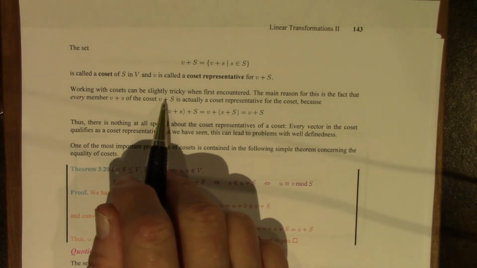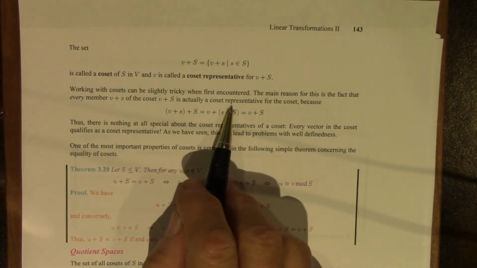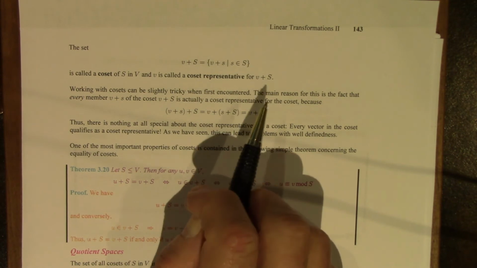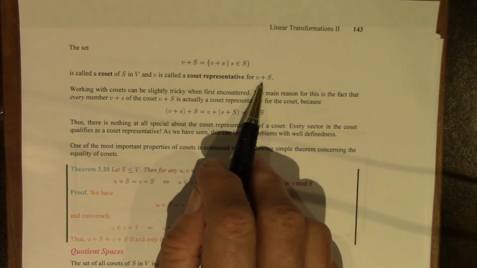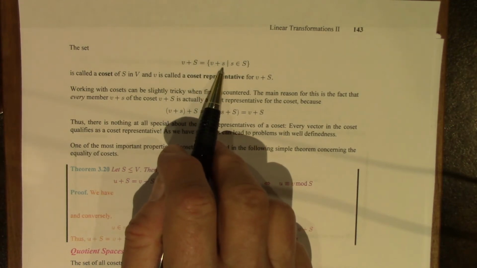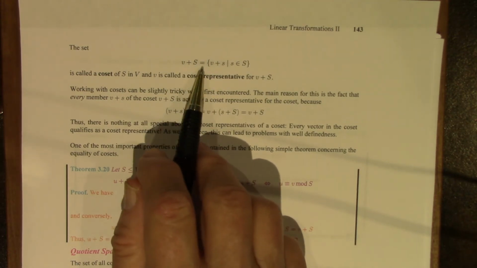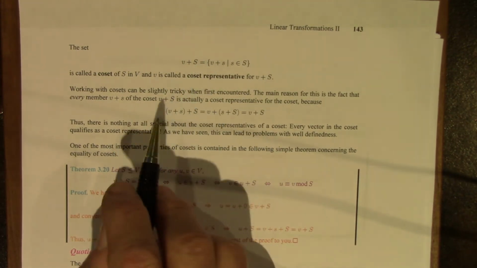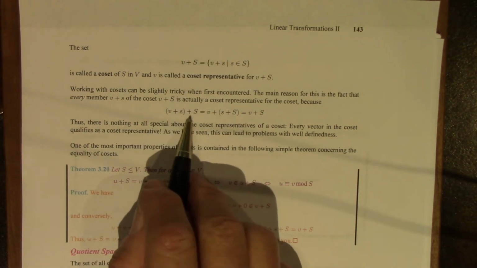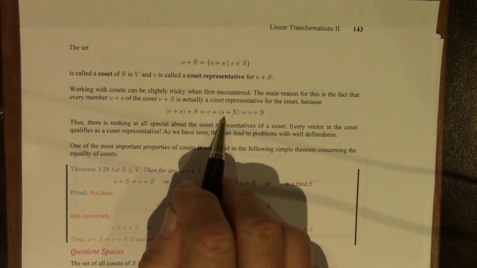It is sometimes tricky to work with cosets, especially when you first encounter them. And the main reason is that every member of a coset, every v plus little s, is a coset representative for this coset, because v plus little s plus capital S, this coset, is the same as this.